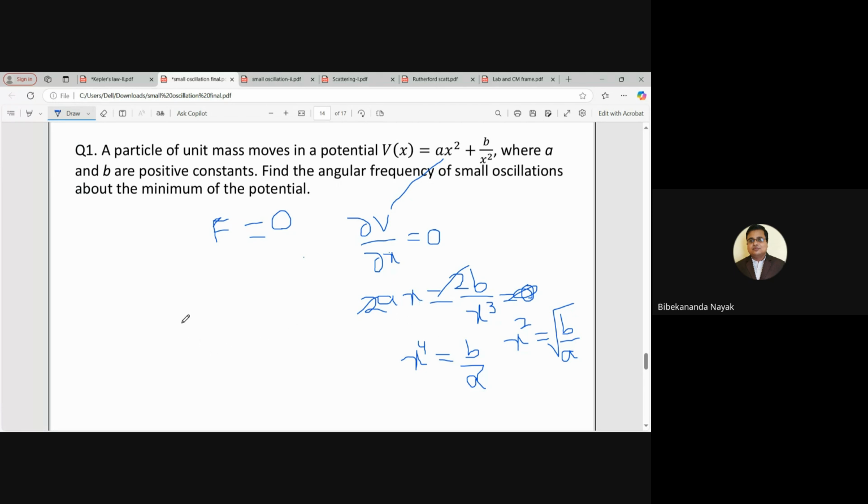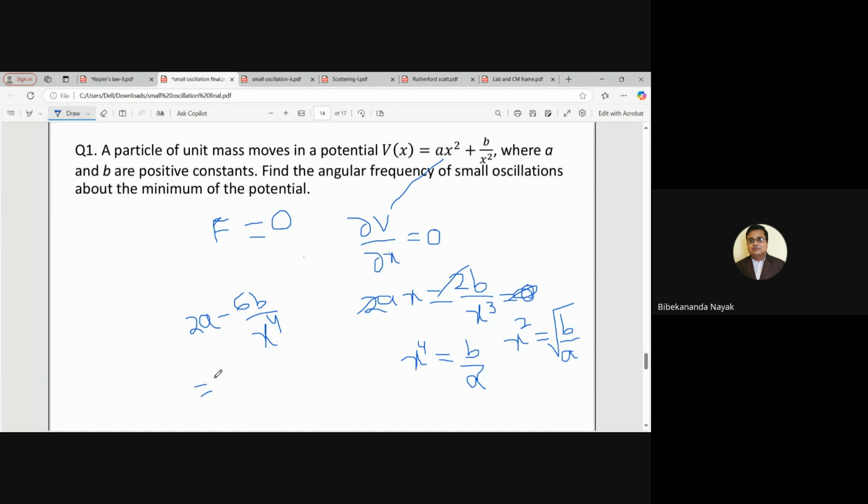Its derivative, the second derivative, is 2a minus 2b times the derivative of x cube, which is 6b by x to the power 4. Put x square as root b by a, so x to the power 4 is equal to b by a. Putting this, you check.